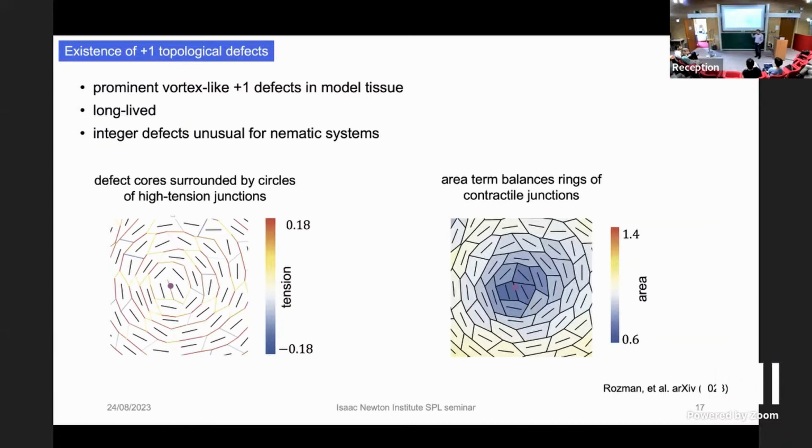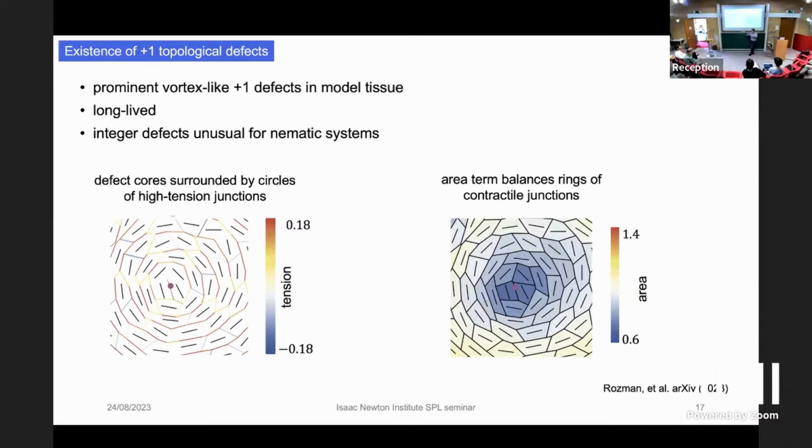It's not that you have rod-like objects that are doing something. And these things are very stable, right? Eventually they will fall apart and everything gets into a boring, death of the universe kind of ordered nematic state. But what stabilizes them is that the vertex model creates a ring of high tension.